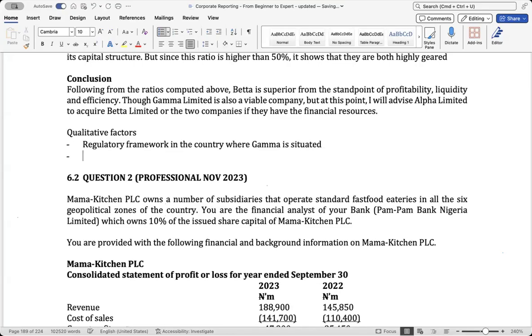I will look at the economic policies and relative stability of the business environment where it's located.